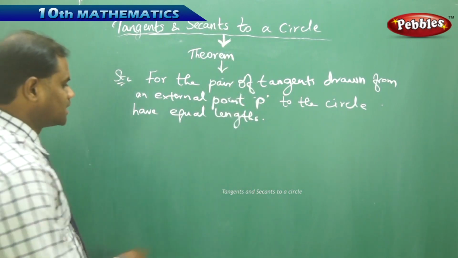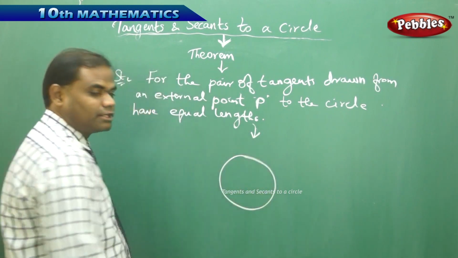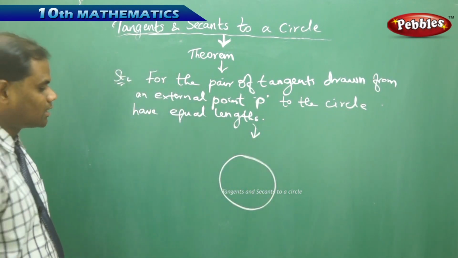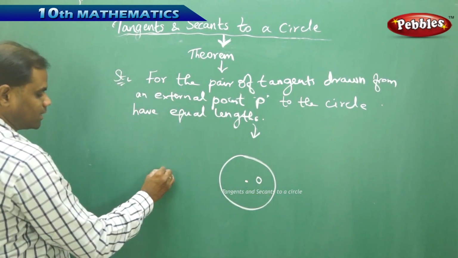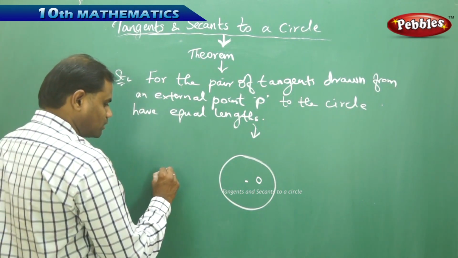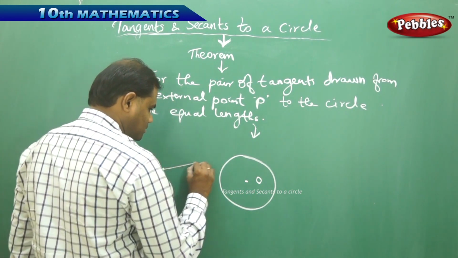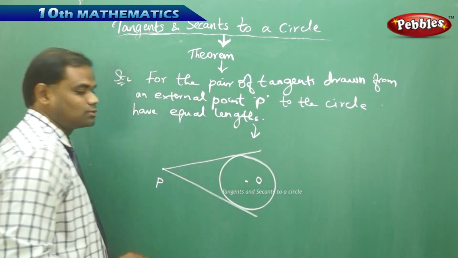To understand more through the diagrammatic representation, geometrically we understand that if this is a circle with, say, center O, then from an external point or a point outside the circle, if I draw, we know that clearly we can draw only two tangents, tangent 1 and tangent 2.